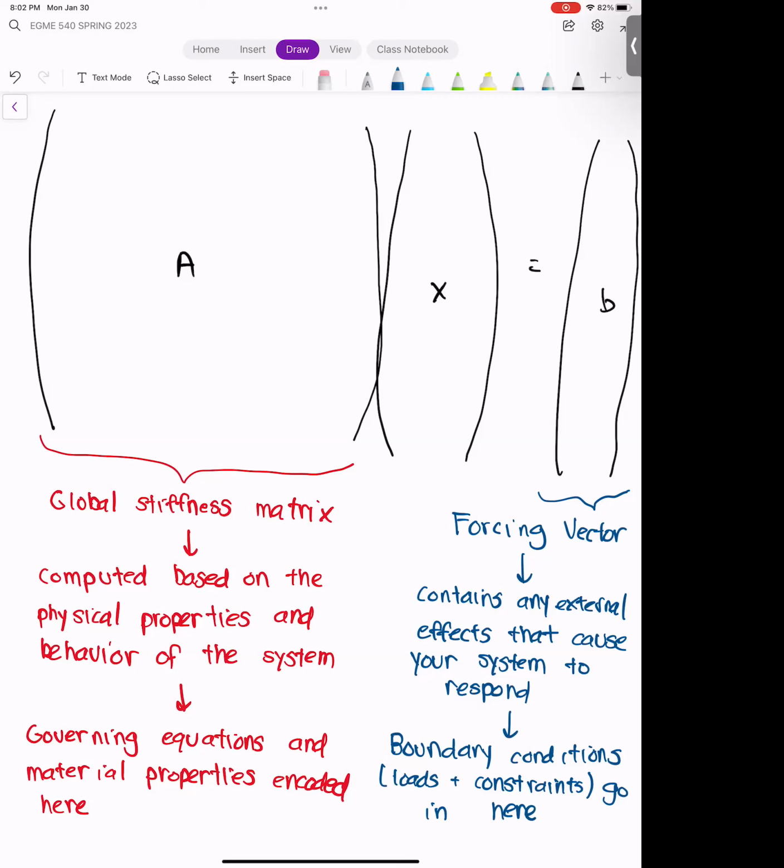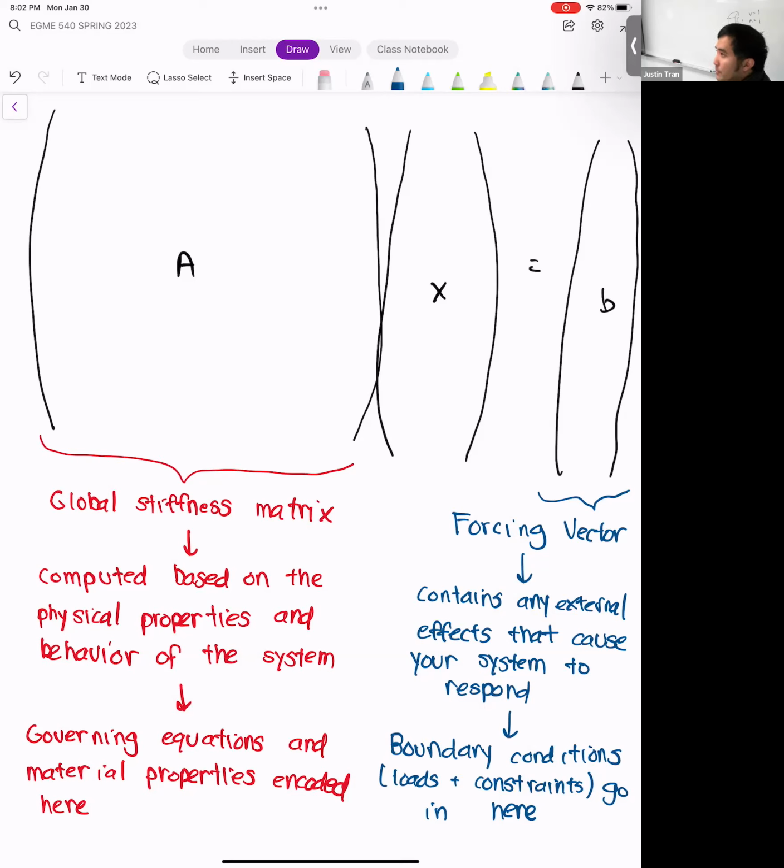Dr. Tron, for matrix A, the second phrase says "computed based on the physical properties." Is that what the FEA software is finding, or is that how we would get A? Right. Like we talked about, FEA is a transformation from the differential equations to this linear algebra.